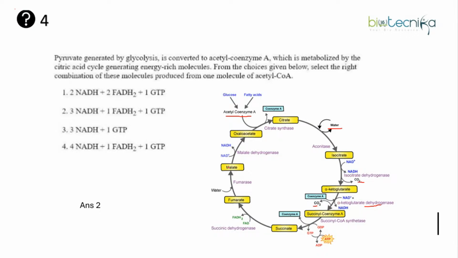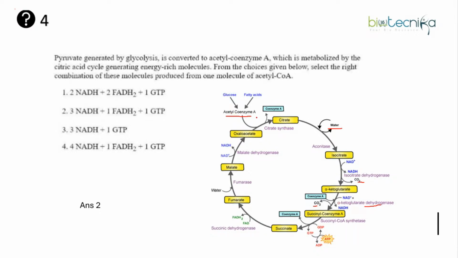Next, from malate, you produce oxaloacetate by malate dehydrogenase, and here NAD is getting reduced to NADH. Again from oxaloacetate you form citrate by citrate synthase using acetyl CoA.